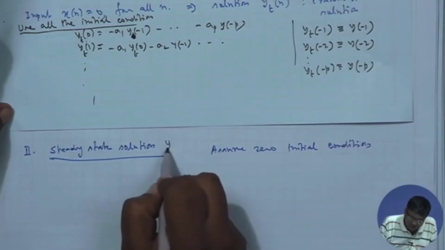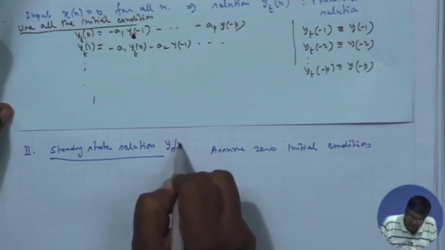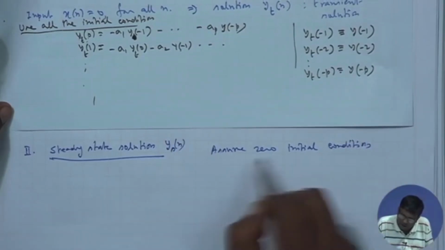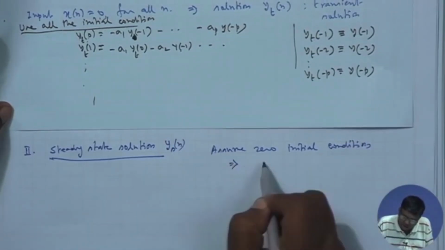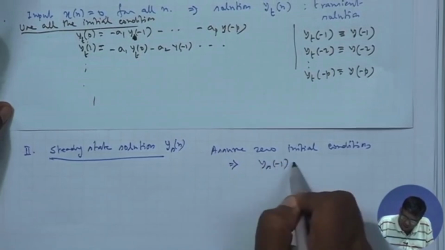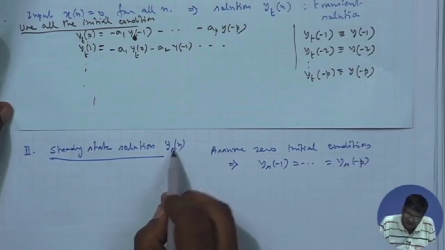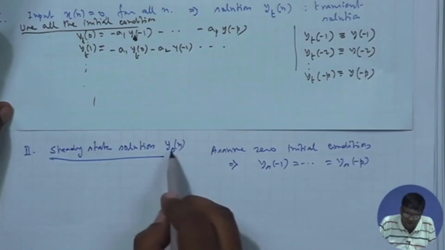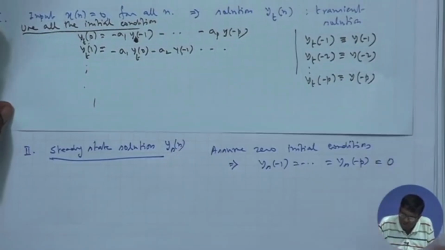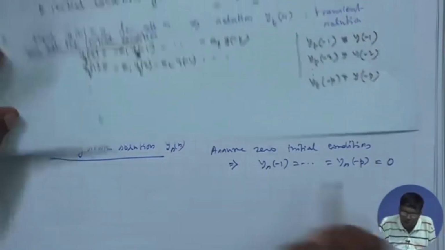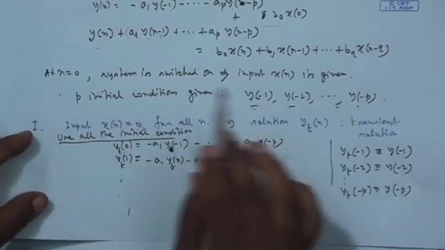This solution I call y s n, s for steady state. Here I assume 0 initial conditions, meaning y s minus 1, dot dot dot, y s minus p, that is, this solution at minus 1, minus 2, minus p, are all equal to 0, and putting them in I solve this equation.